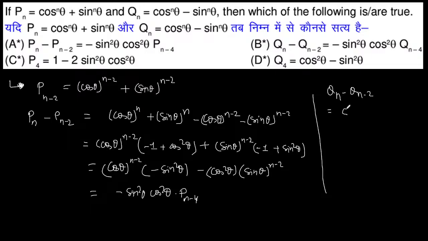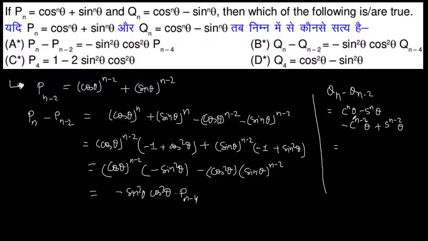Q n is cos n theta minus sin n theta. Q n minus 2 is cos n minus 2 theta minus sin n minus 2 theta.